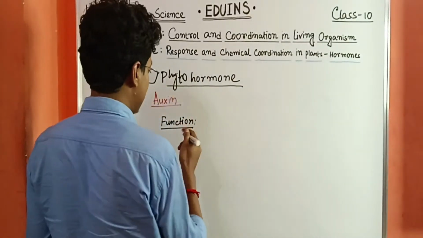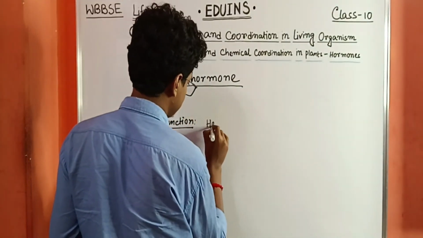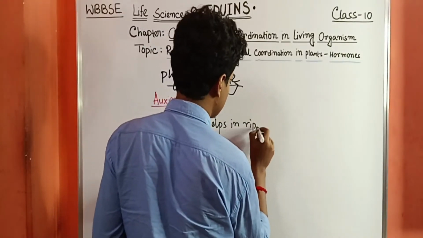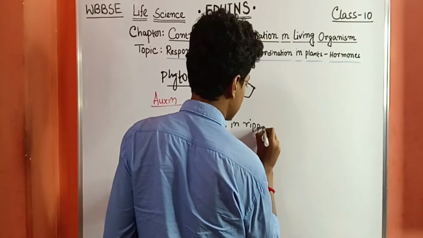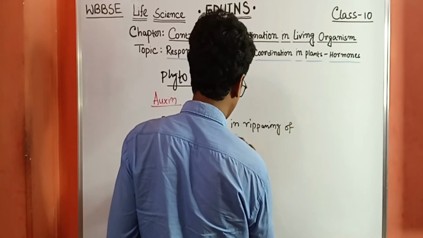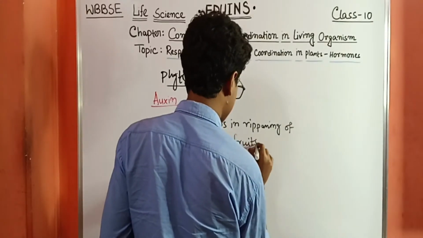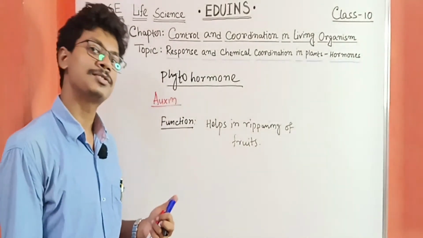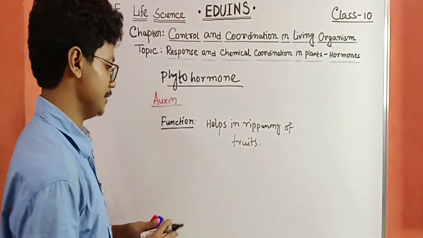It also helps in ripening of fruit. So these are the main basic functions of auxin.